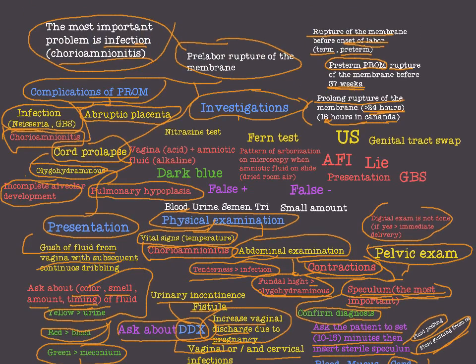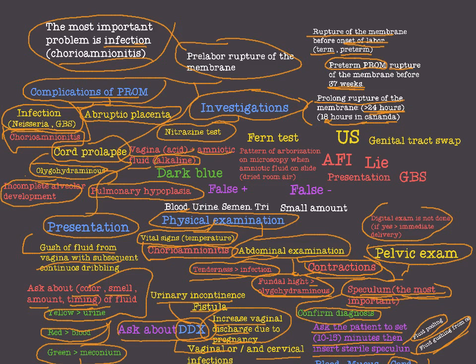The first test is the nitrazine test. What is the nitrazine test? It is a test used to distinguish acid from bases. So we put the vaginal secretions on the nitrazine paper. If we have a rupture of membrane, then we will have an alkaline media, because amniotic fluid is alkaline.